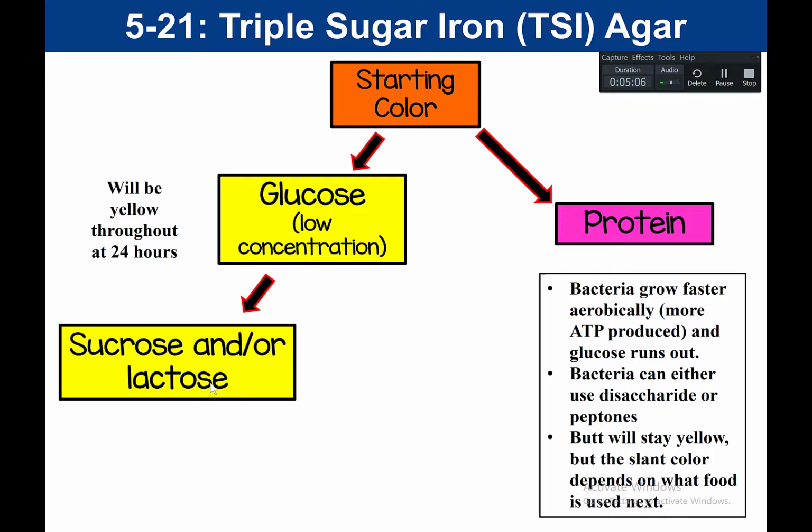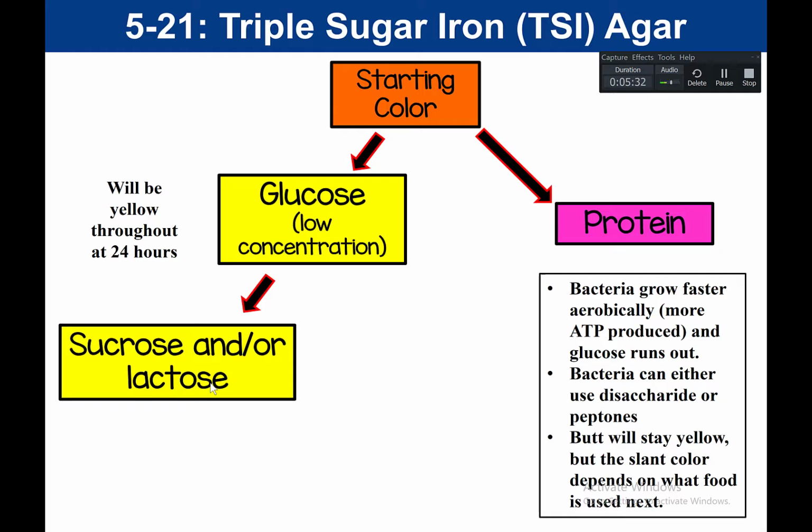And when they fermented the disaccharide, they continued to produce acids, which is why the phenol red stayed yellow, because it's still acidic and the tube stays yellow. So if we see yellow all throughout the tube at 48 hours, that tells us that bacteria use glucose and at least one disaccharide. We don't know which one, but at least one disaccharide.